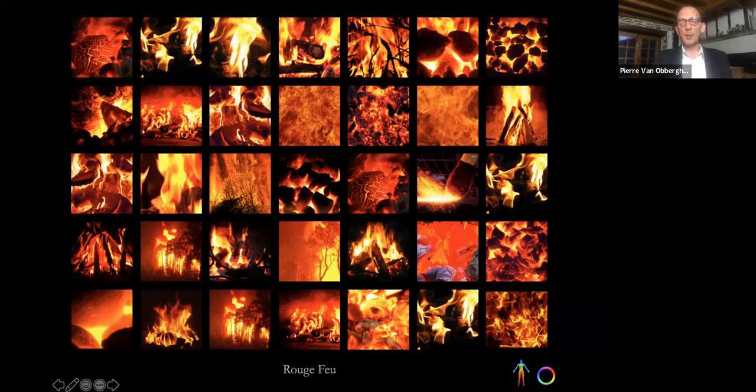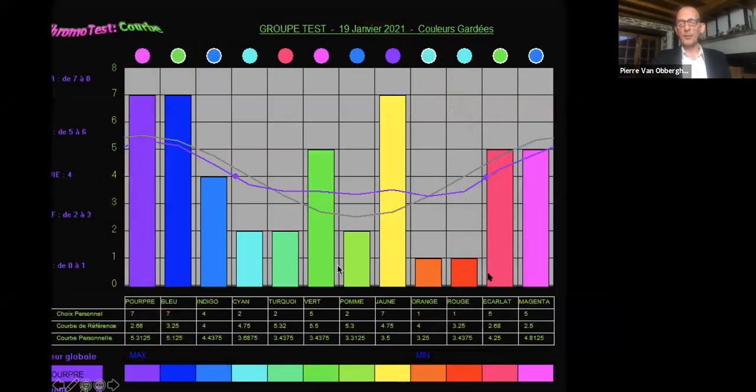So this is the level of battery in our cells, like on our phone. The level can be up or down if we didn't recharge the phone. And we can see on our color test that the red is down. That means we preferred to take away the red, and we have only one red.